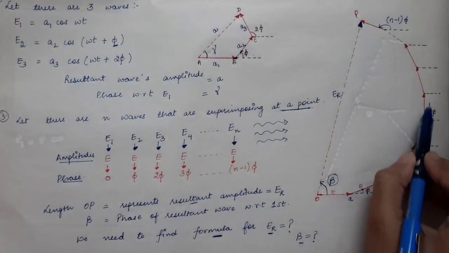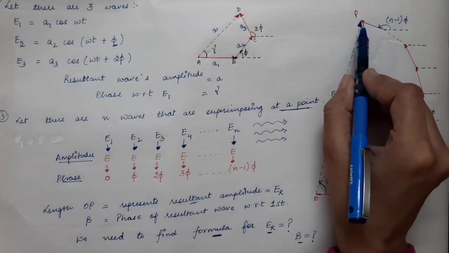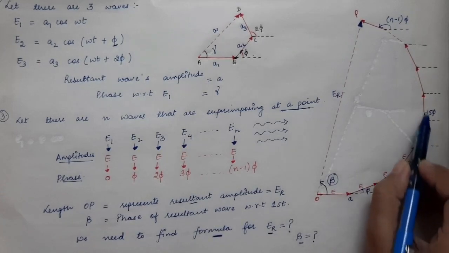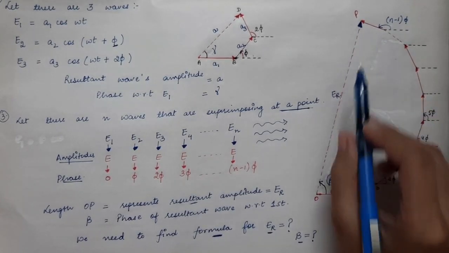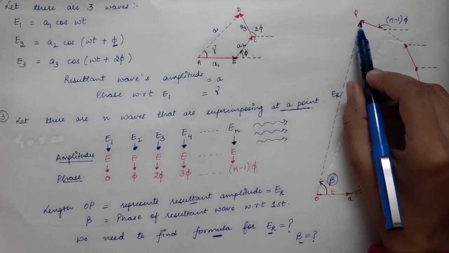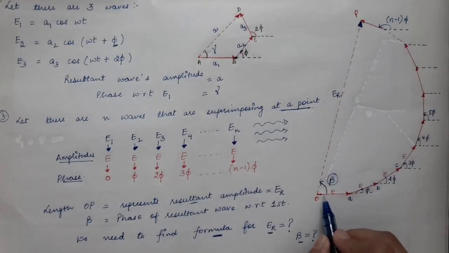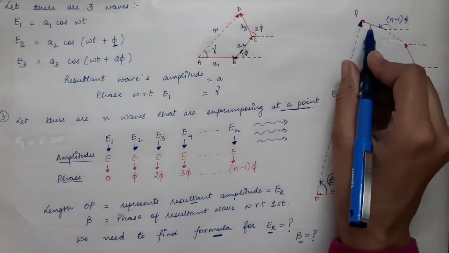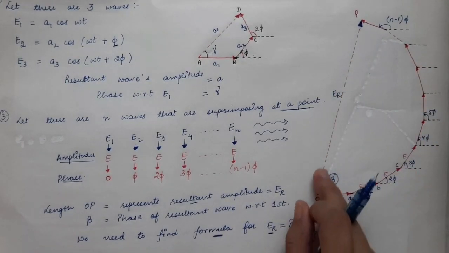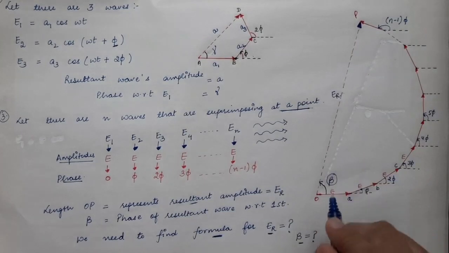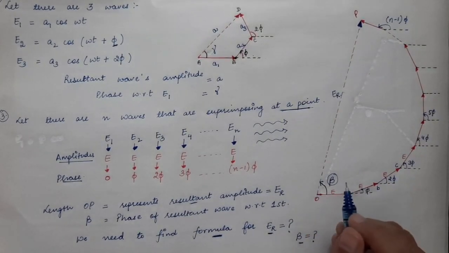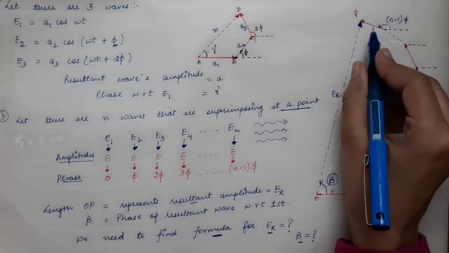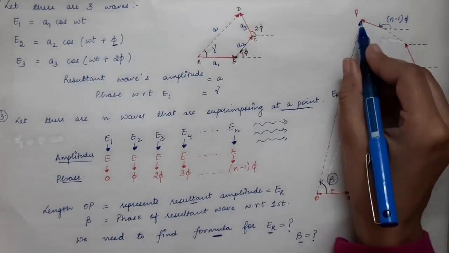These are all the individual vectors which sum up to the resultant vector. So these small vectors sum up to give us the resultant vector OP.